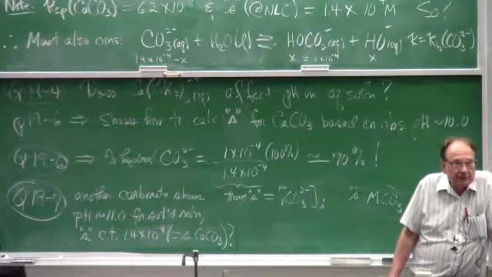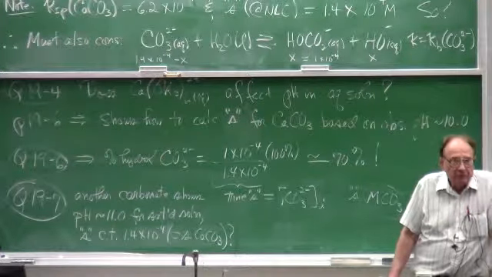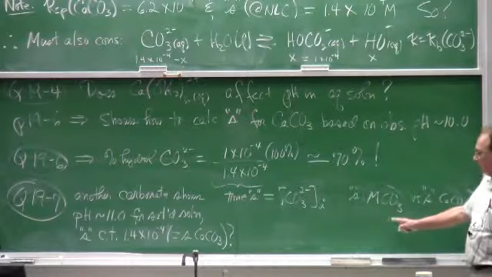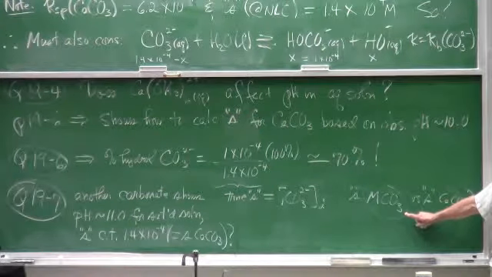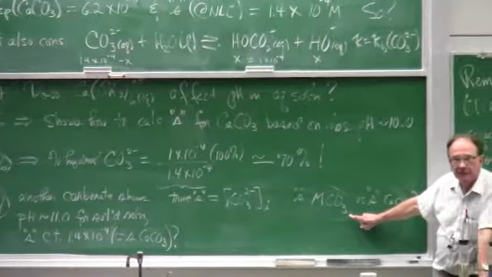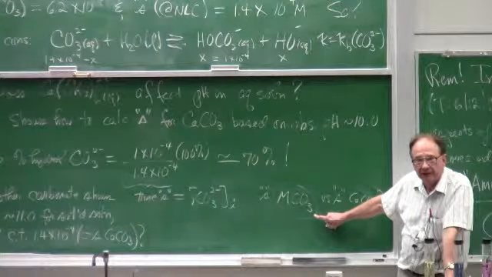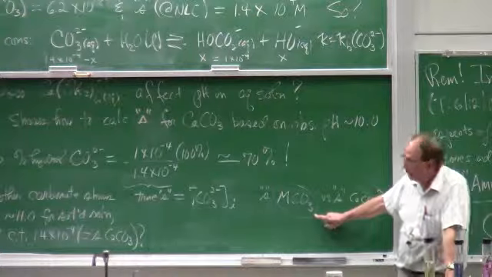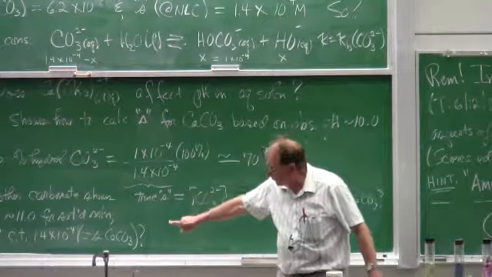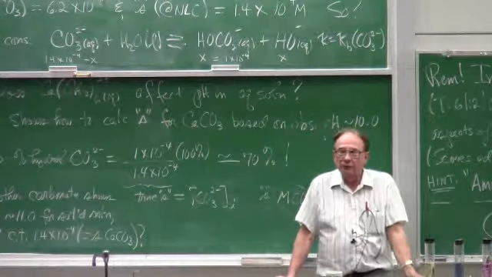Does it not seem to you that it must be true that when I made the saturated solution of M carbonate, I started with an initial molarity of carbonate ion, which compared how to 1.4 times 10 to the minus 4 moles per liter?